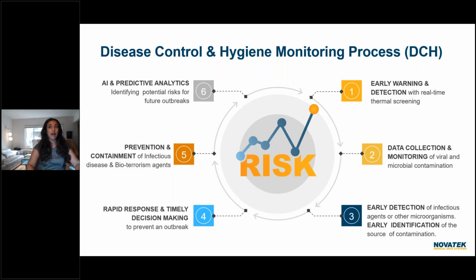That could help cause and control outbreaks. And that enables decision makers, of course, to rapidly respond, to prevent, to control, and to take action when dealing with potential contamination or proliferation of pathogens and viruses throughout the facility, and to be able to then in future prevent those risk areas or sources of contamination in order to contain infectious disease, but also bioterrorism agents.